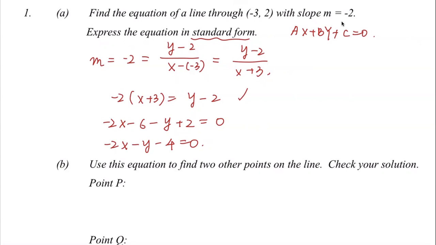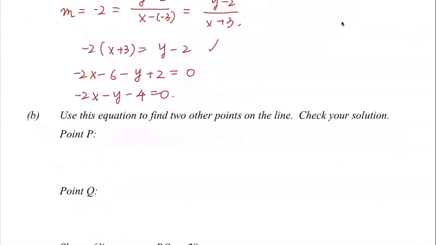But there's a tradition in linear relations and linear equations: we usually don't leave the first coefficient negative. So if the first coefficient is negative, we always change it to positive.